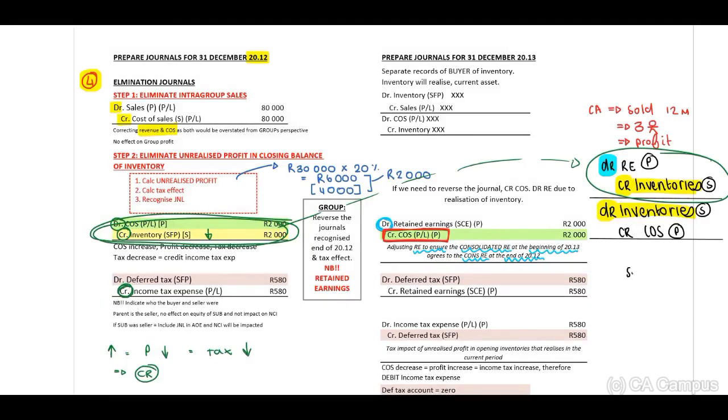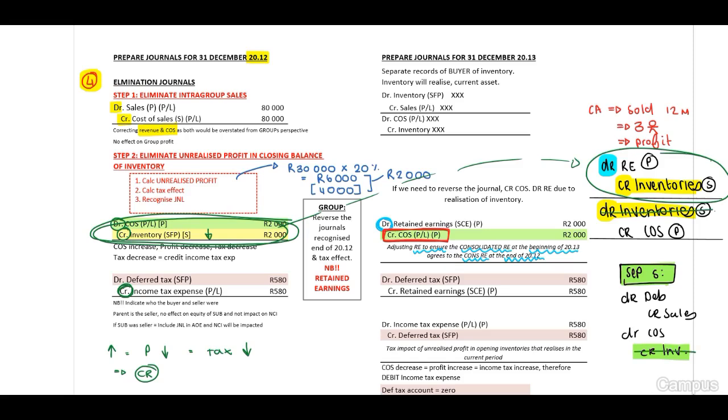Because in the separate records of the subsidiary, which is the buyer, the subsidiary will recognize debit debtors, credit sales, debit cost of sales, and credit our inventory. Therefore, in the separate records, the subsidiary has already decreased the inventory with this sales transaction, and we now need to eliminate this. Right, okay.